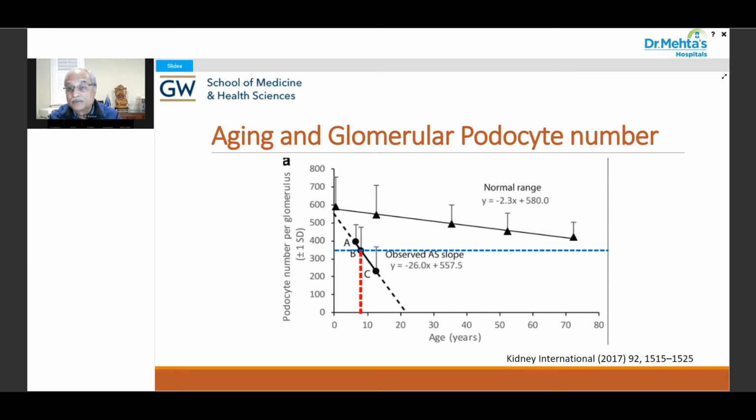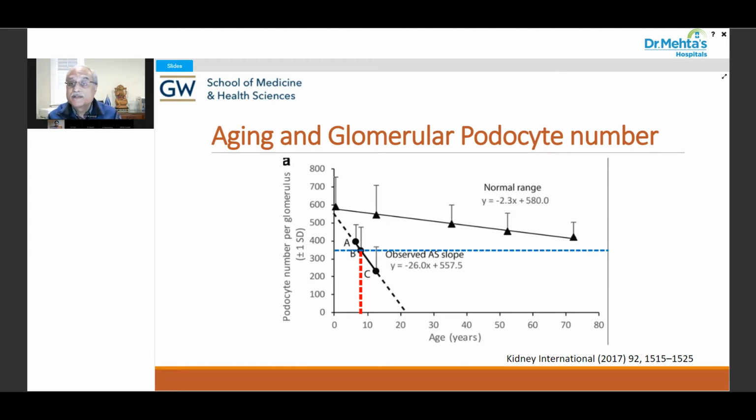And that is normal. If you further extend the line, it still is a sizable number of podocytes that we might still have even at the time of death. Interestingly, about 40%, which is the blue line I have drawn in this particular graph, is where the 40% decline of podocyte numbers stimulates fibrosis and glomerulosclerosis.